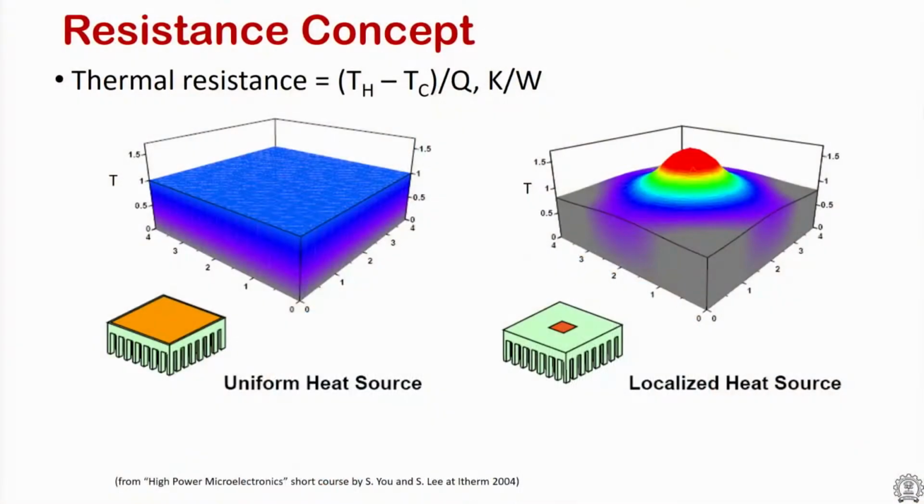But if you look at the right hand side picture, now your heat source is much smaller than the heat sink. So which temperature is the right temperature to choose for hot? Is it the maximum temperature or the average heat source temperature? So the question is how to choose it. Is maximum the right quantity or the average?